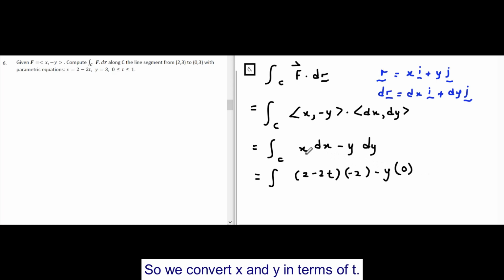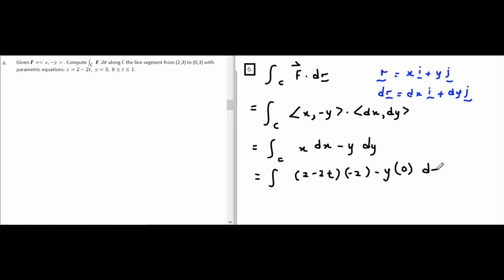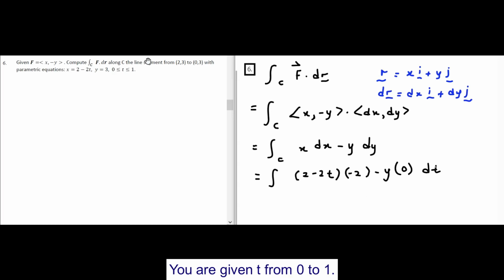We convert x and y in terms of t, so this will be in terms of dt. We are given t from 0 to 1.